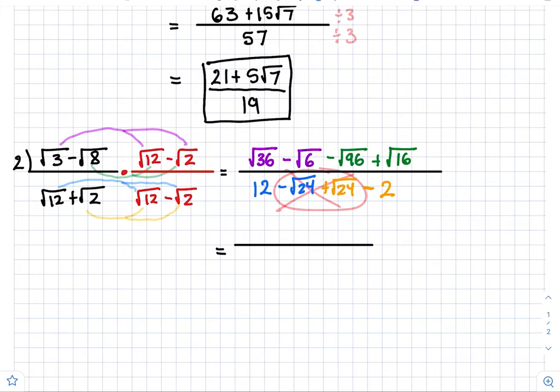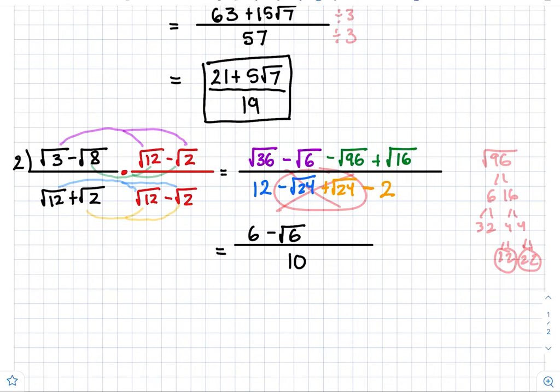Now let's just simplify all of our square roots, right? So first, 12 minus 2 on the bottom is just 10 in the denominator. Now, this square root of 36, that's a perfect square of 6. Can't simplify this, so we're going to drop that down. We can simplify that. So, 96, break it down. 6 times 16, 3 times 2, 4 times 4, 2 times 2, 2 times 2.